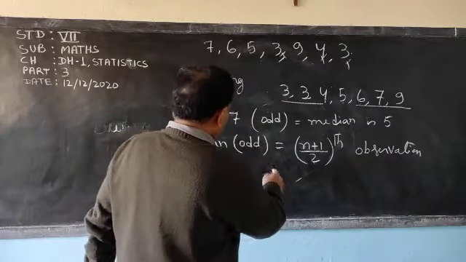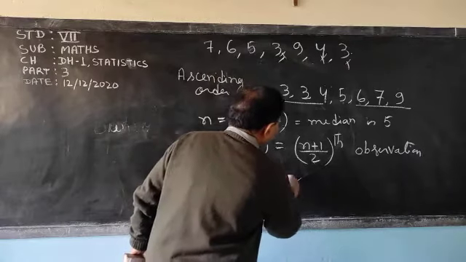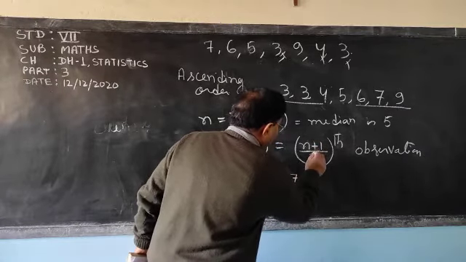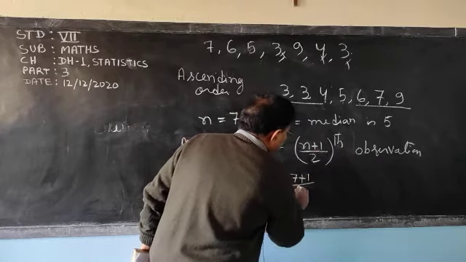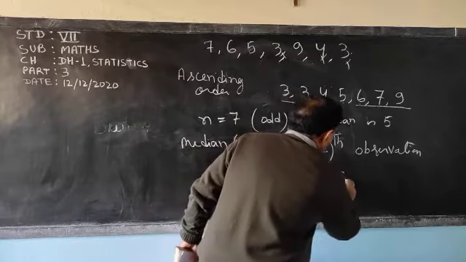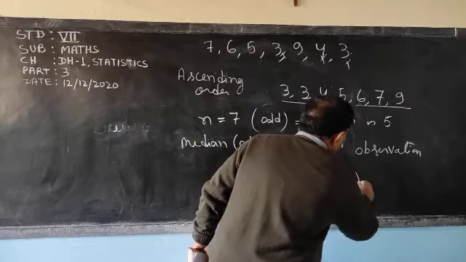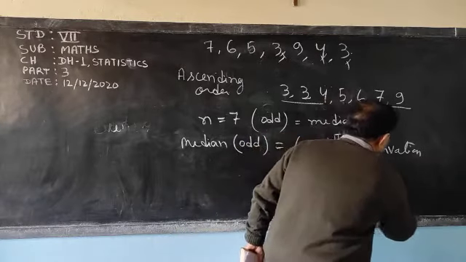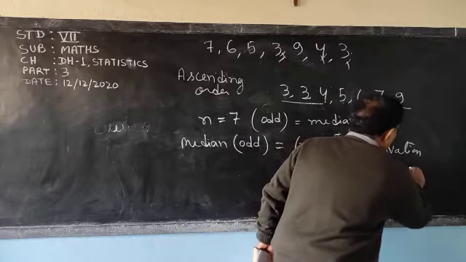N is what? N is 7. n is equal to 7, plus 1 by 2. Means 8 by 2. Means 4th observation. 4th observation.